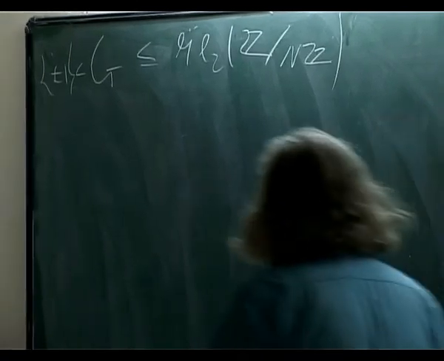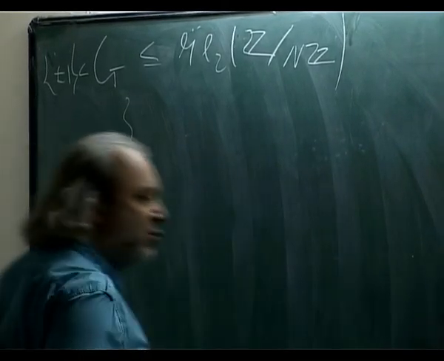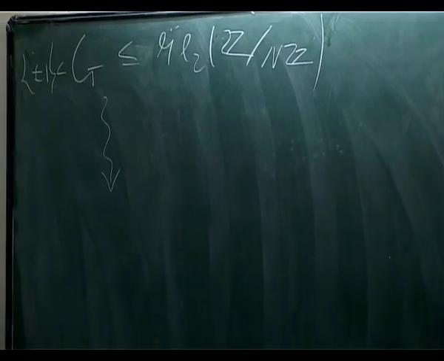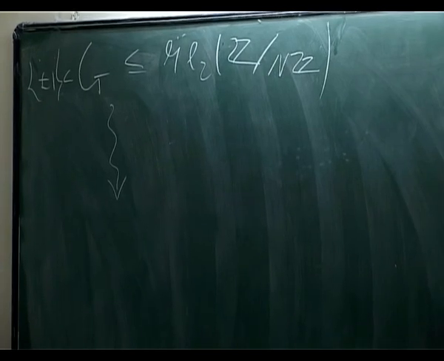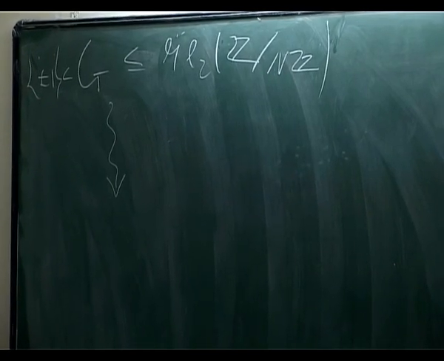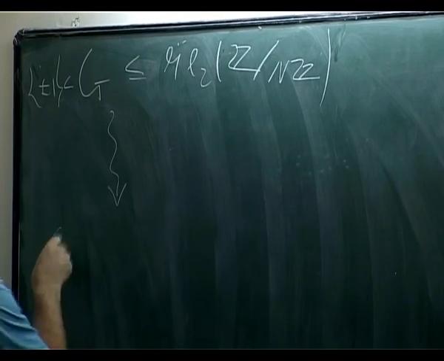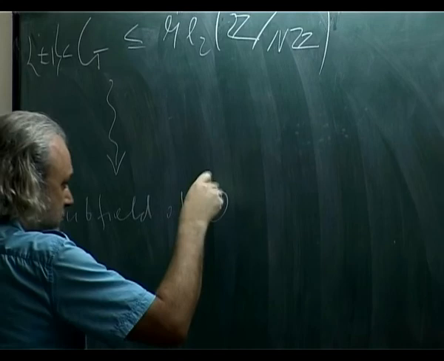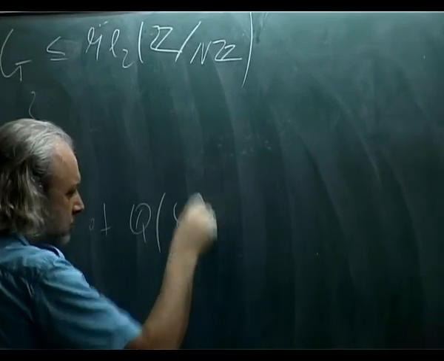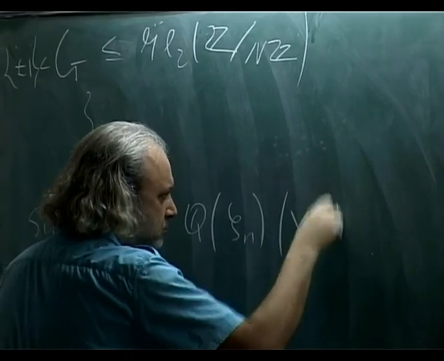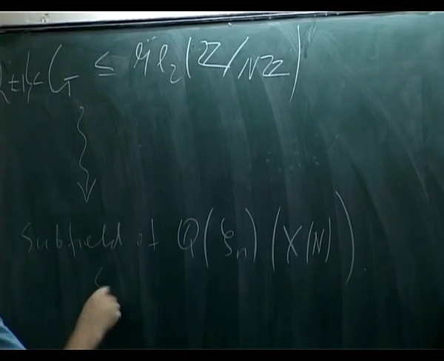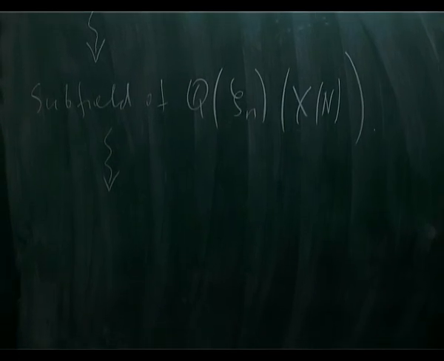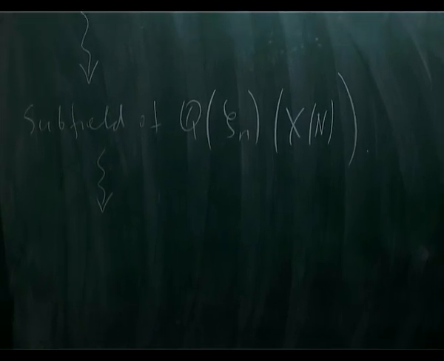Then it gives rise, by Galois theory, to a certain subfield of this field over Q of j. This will be a certain field of functions on a certain curve, which we denote by XG.